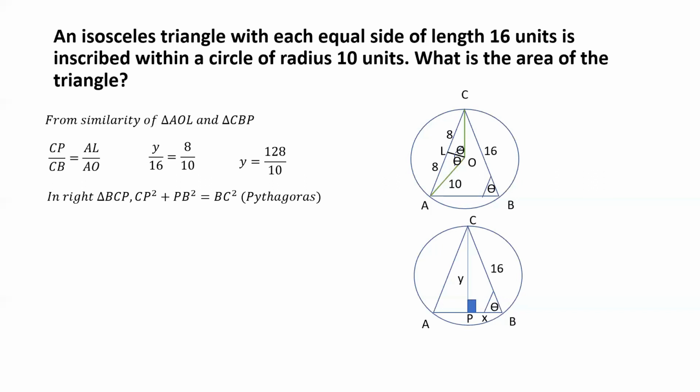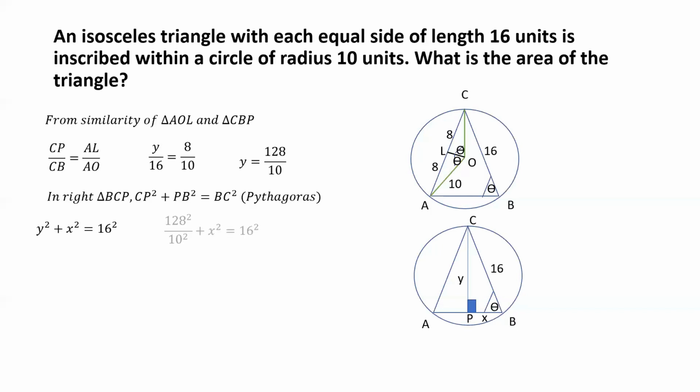Now consider triangle BCP from the second figure. From Pythagoras theorem in the right angle triangle BCP, CP square plus PB square is equal to BC square. CP is y, PB is x, and BC is 16, so y square plus x square is equal to 16 square.